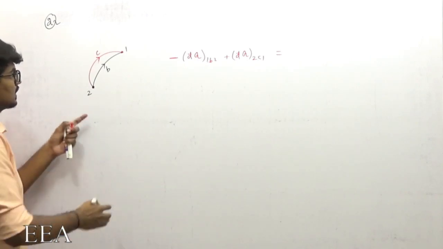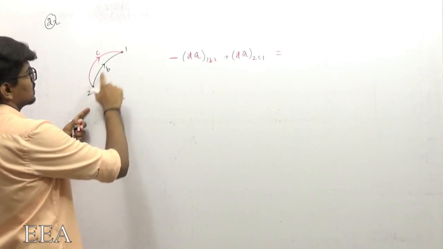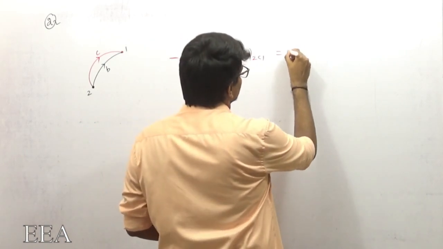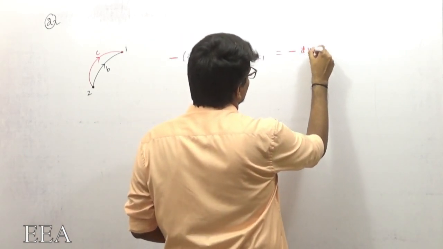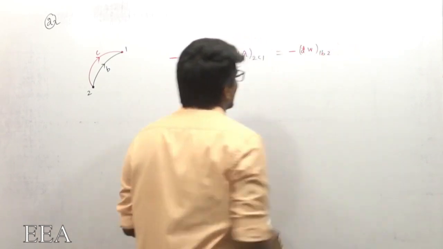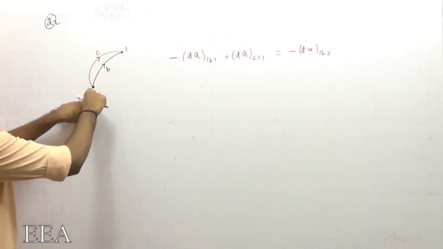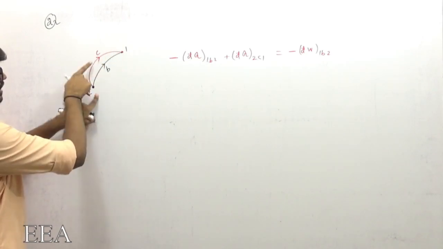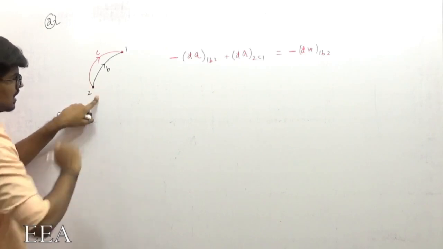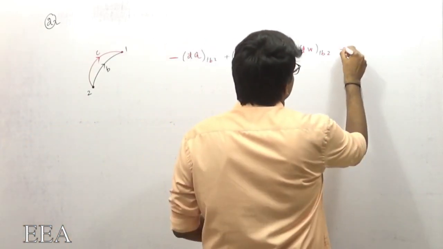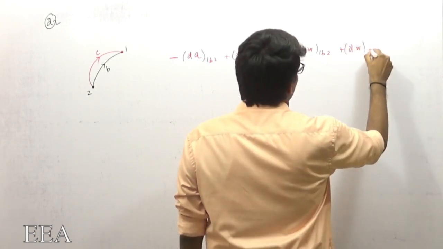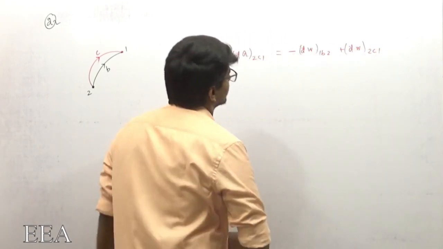So again, talking about work transfer from here to here, the direction was opposite, so minus d dash w 1b2. Now from 2 to 1 along this red path, the direction of the arrow mark and the direction in which I am traveling while applying the first law are the same, so plus d dash w 2c1.